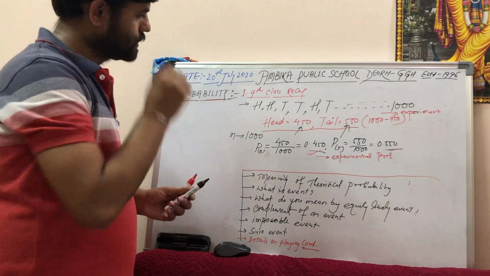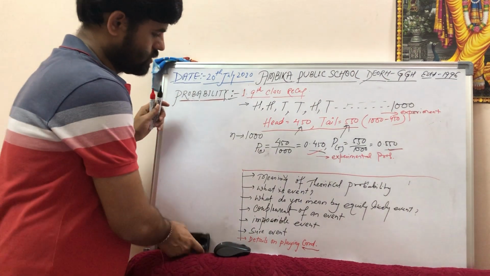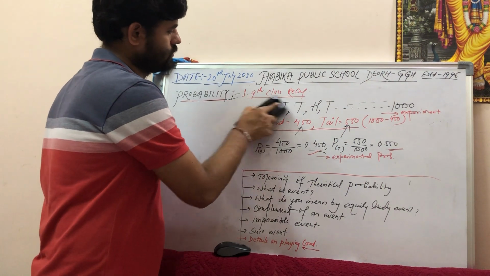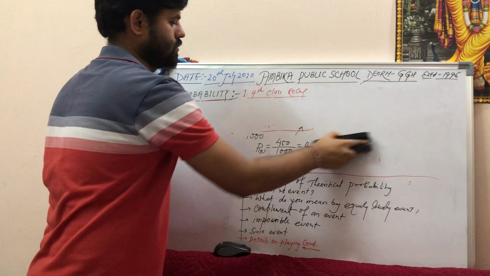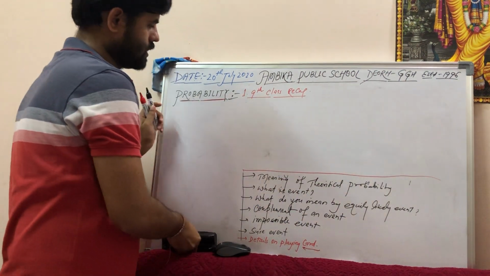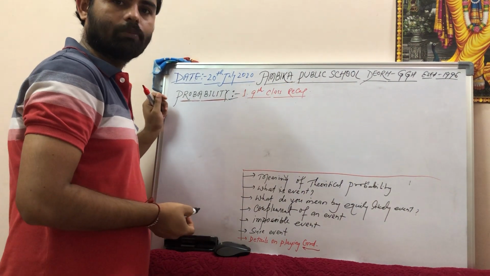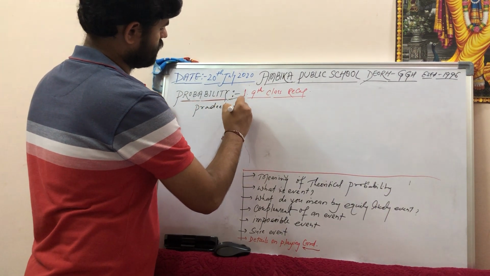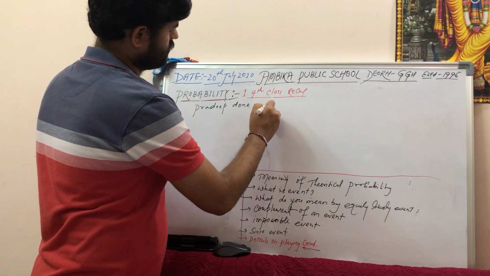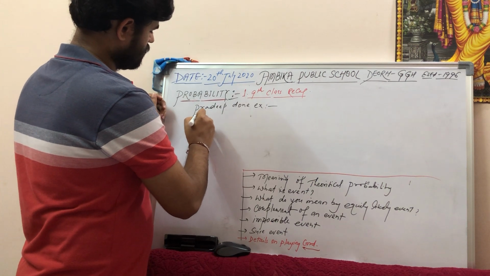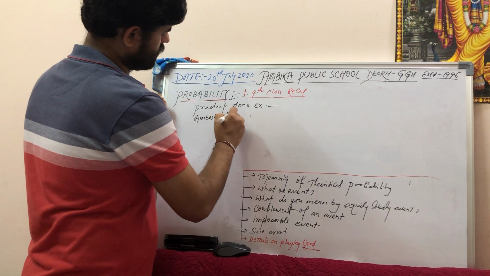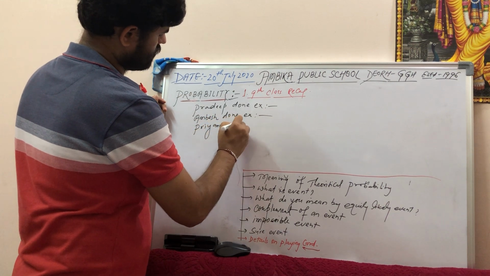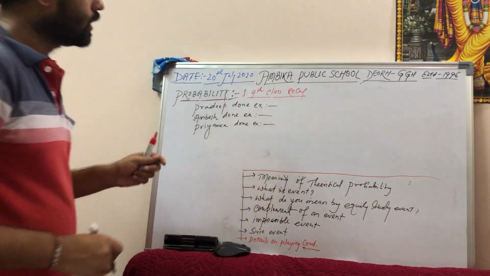But now the question is, let me say, because I have done the experiment 1000 times, let us say Pradeep did the experiment, and one more person, Ambesh, did the experiment, and Priyanka did the experiment.